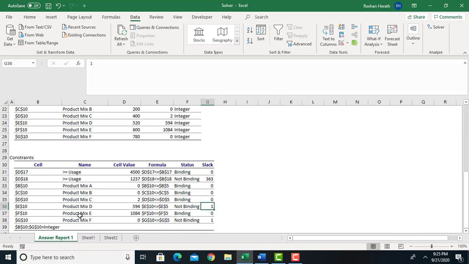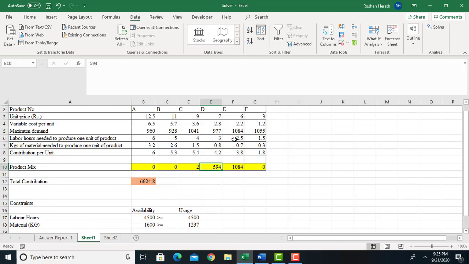And again the product E, it is binding. Why is that? Because the maximum you can go is 1084 and you have already gone for that. So therefore it is a binding variable. If you had more resources, you would have definitely gone higher. Even if you do not have this maximum demand constraint, you would have probably gone higher than this 1084 units. Hence it is a binding constraint.